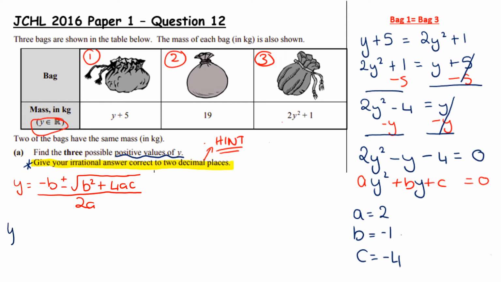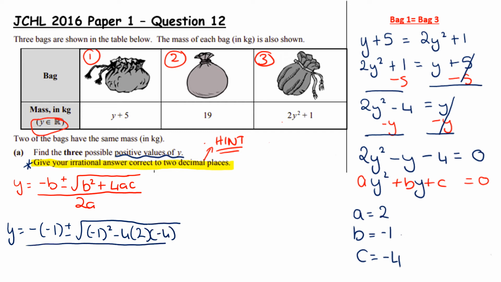So here we have y equals minus b, so minus minus 1, plus or minus the square root of b squared minus 4 times a times c, all over 2a, which is 2.